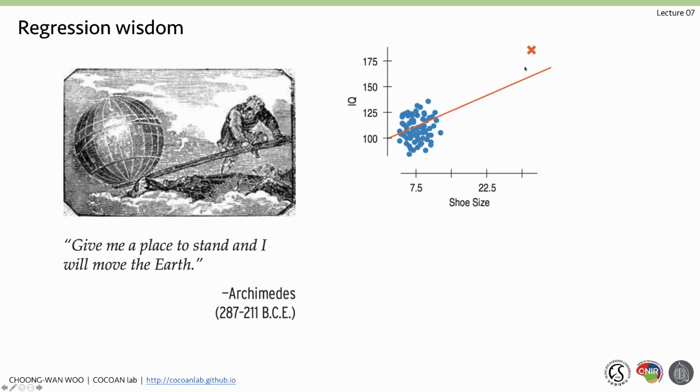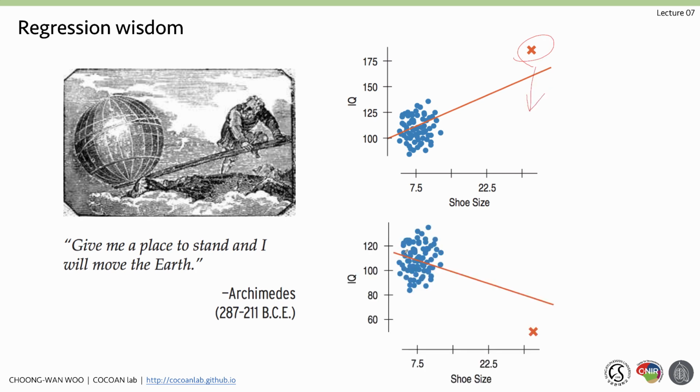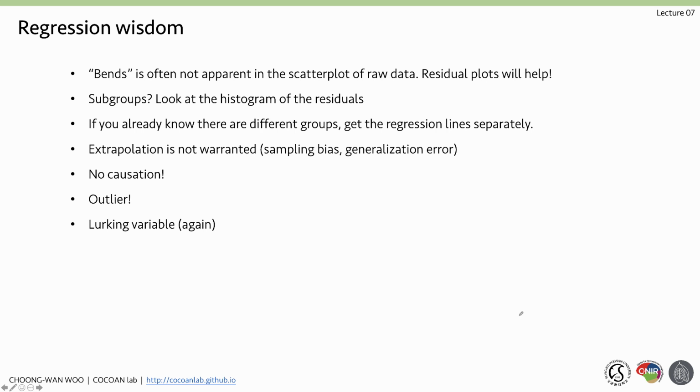But if the outlier is really far from the group, it becomes really heavy, so the regression line changes a lot, and that could increase R² a lot. But in fact, the model is not really good; R² just increased because of this one outlier. So we need to always check if there is an outlier in the linear model.